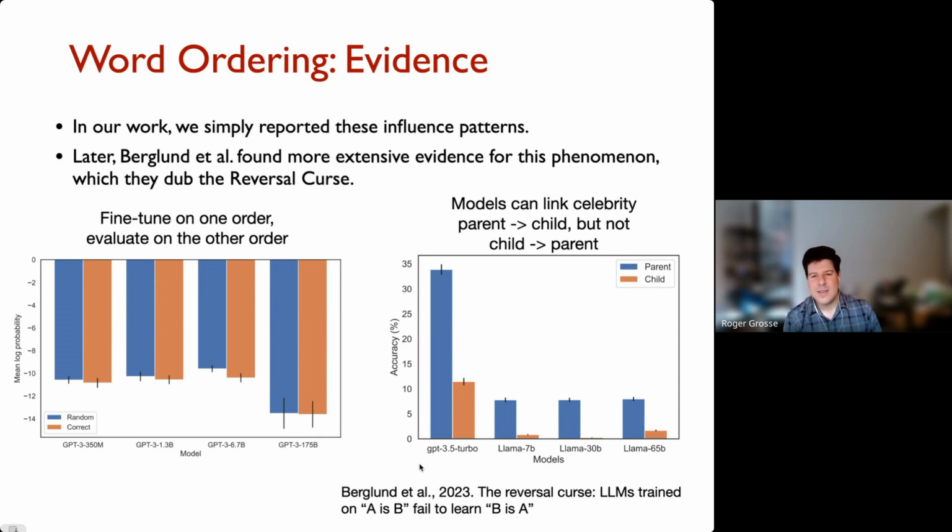And so they can take models where they prompt the model with the name of the celebrity and ask for the child, and it's very accurate. But doing the reverse, it's much less accurate. And so there's been essentially experimental confirmation of this hypothesis about lack of generalization across word orderings.